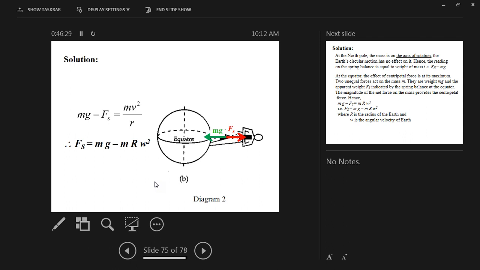So at this moment, if you were to go over to say Cambridge or North Pole, you find that there is an increase in the reading. Not because you gain mass, but because over there the centripetal force, let's say at Cambridge, is smaller, or at the pole there's no centripetal force at all. So the reading reflected will be closer to your actual weight. So at the equator, we all actually weigh lighter.